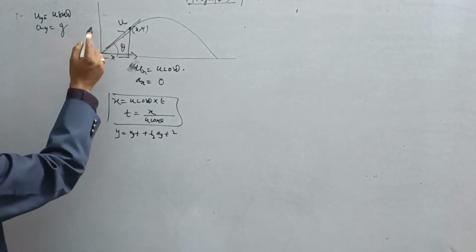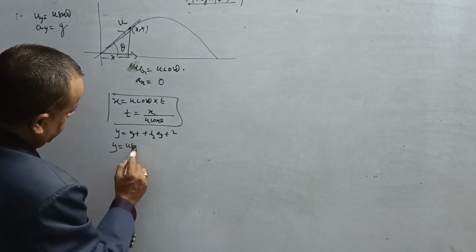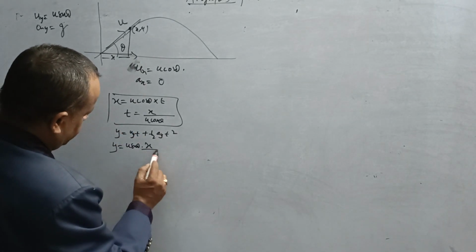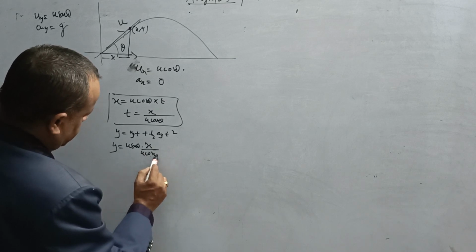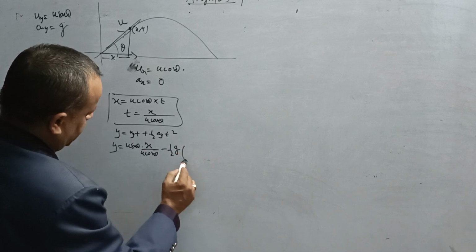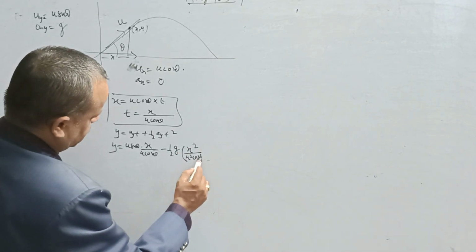We know that uy is u sin theta, and t is how much? This is x upon u cos theta minus half, because acceleration is negative. T is what again? x square upon u square cos square theta.